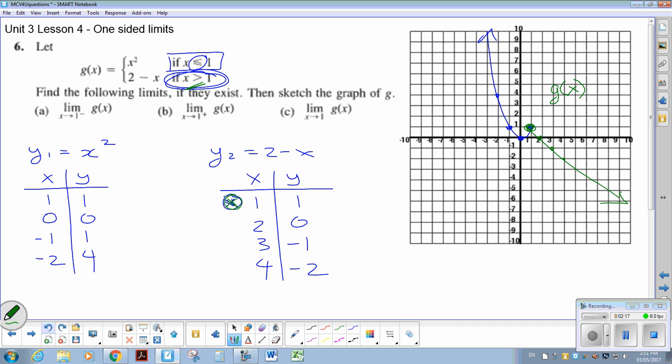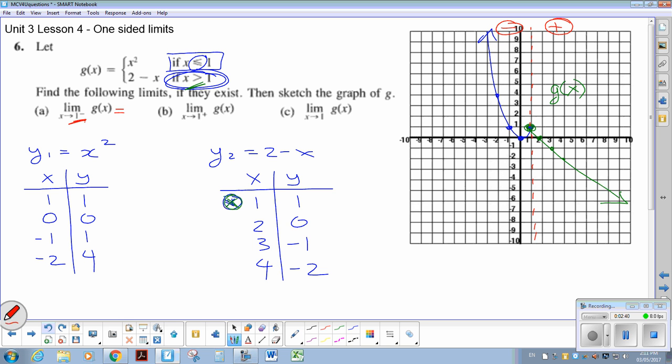All right, now we can do our one-sided limit analysis. So now I'm going to answer question A. It's asking me what happens if we approach from the negative side of 1. I'm going to take my pen and say, okay, there's 1. That's the location. This is the negative side. This is the positive side.